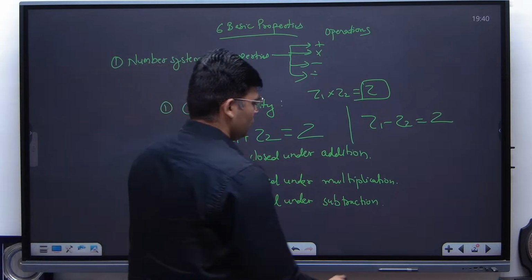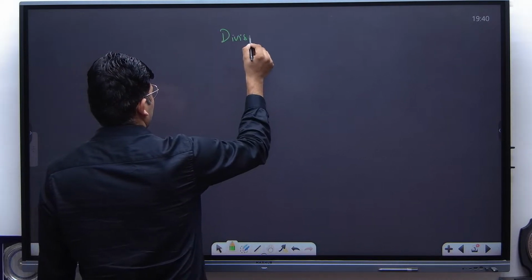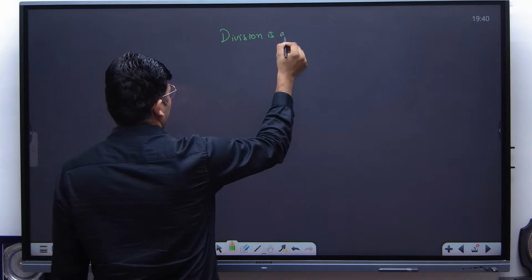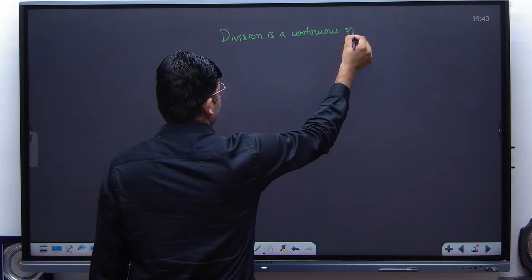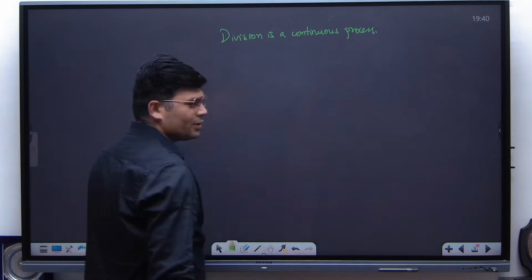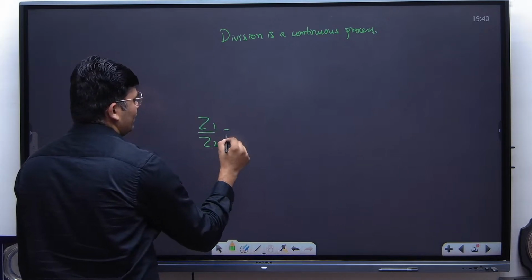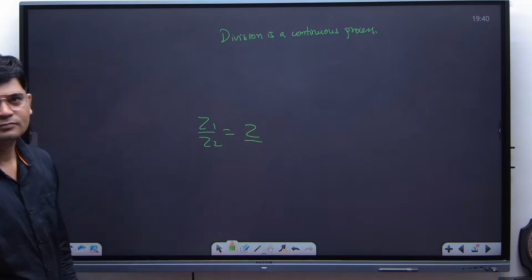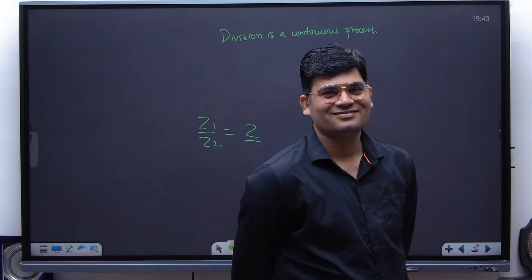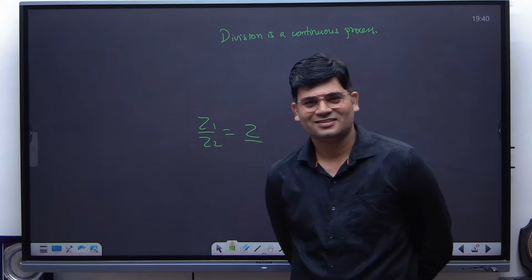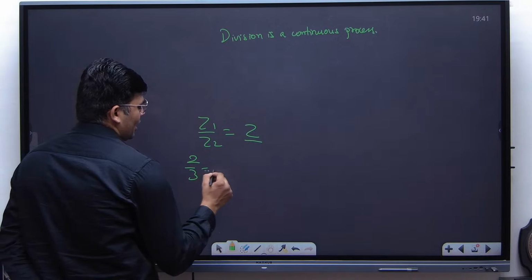Now do you know that division is a continuous subtraction process? Yes, sir. Okay. Can I say that I divide two integers and I will get an integer only? No, you can't. Because if I divide 2 by 3, I am getting 2 over 3.